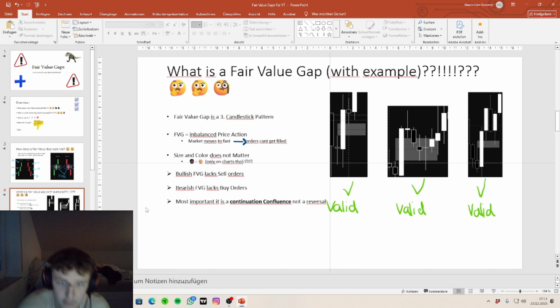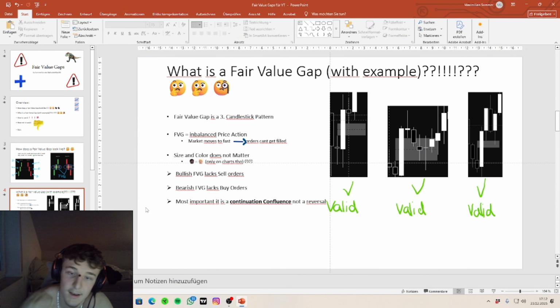If market moves too fast, orders can't get filled, and we get this imbalance. For a bullish FVG gap, we have way more buyers than sellers, which creates this bullish FVG gap. And if we have way more sellers, way more people who sell than buy, we get the bearish FVG gap.